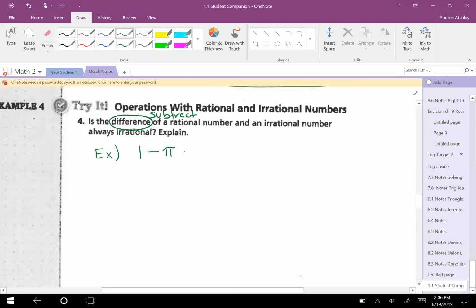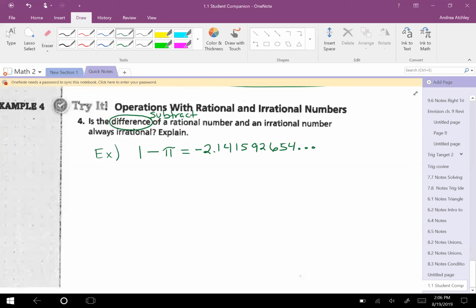So we're subtracting pi. 1 minus pi. We're going to use our calculator. Most of your calculators will have a pi button, so use the pi button. And that gives me negative 2.141592654... On my calculator, it ends at 4 simply because it runs out of room.